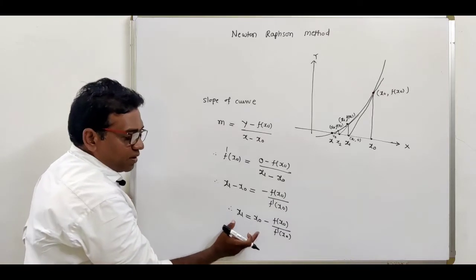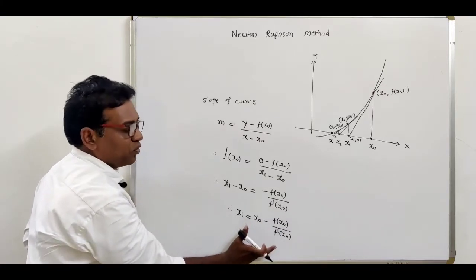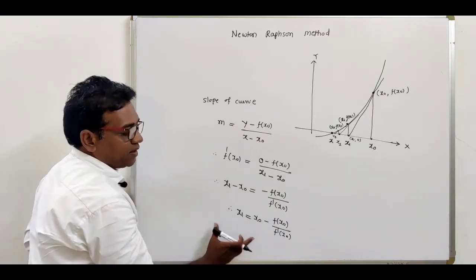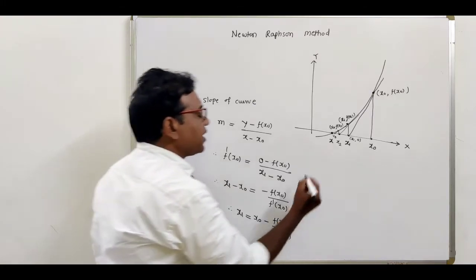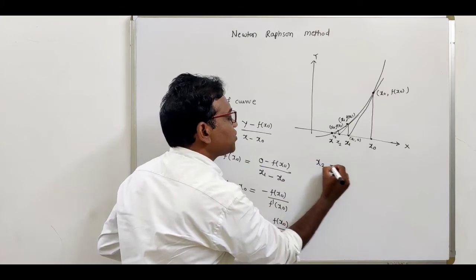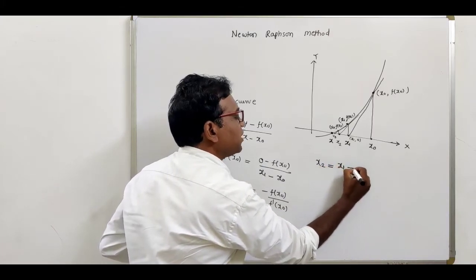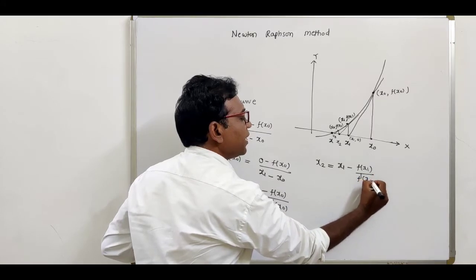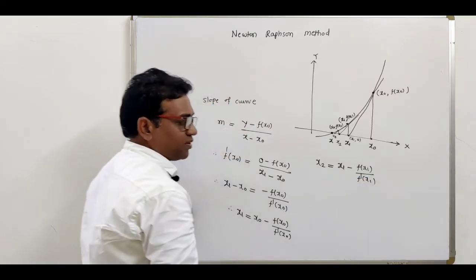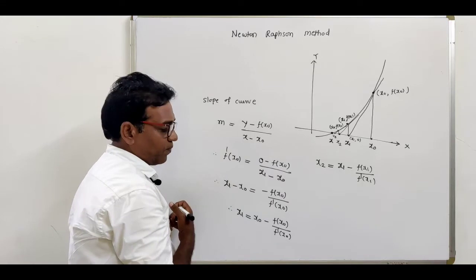So this gives the first approximate root for finding the root of the equation. Similarly, we can write the second formula. x2 is equal to x1 minus f(x1) divided by f dash x1. So this gives the second approximate root.